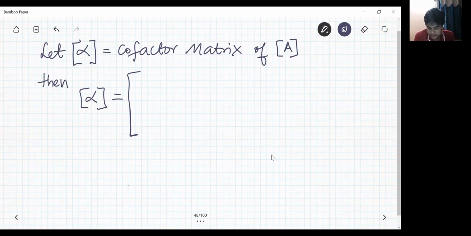And again a minus sign will come in between. 1 into 1 is 1. Minus 2 minus 1 is minus 3. Correct answer.